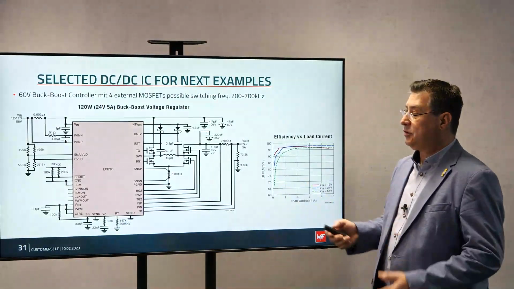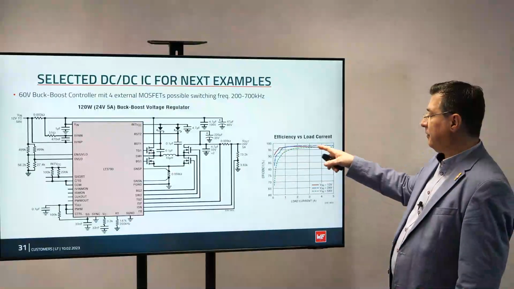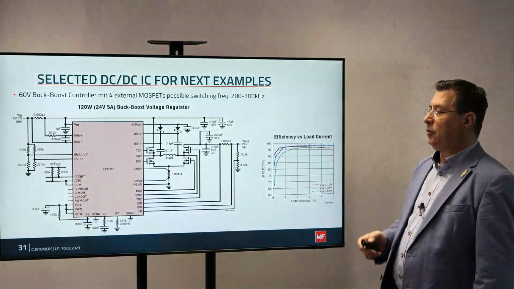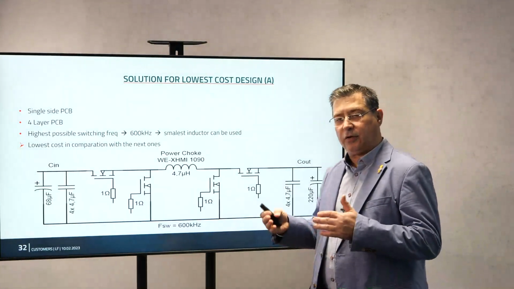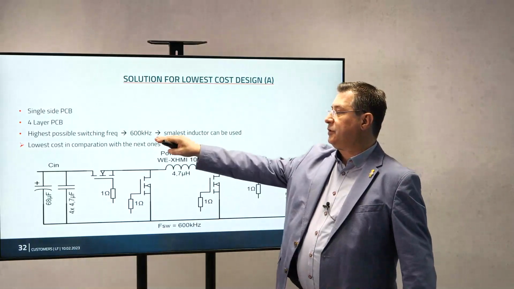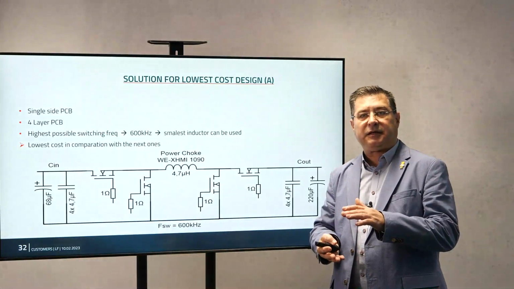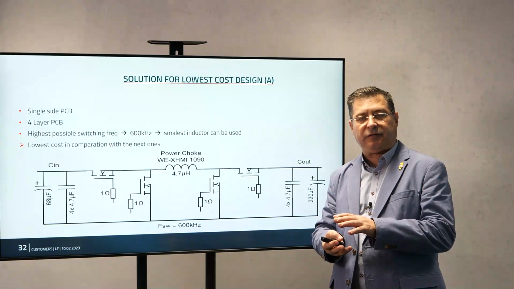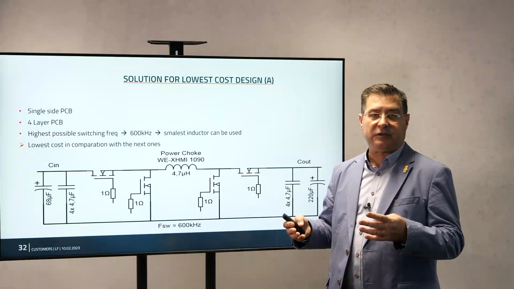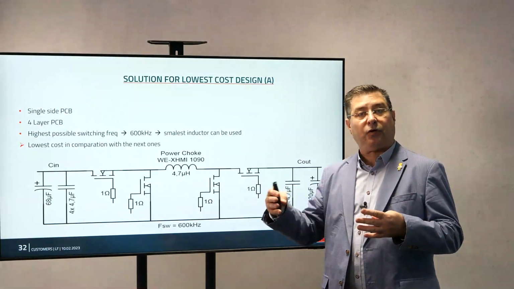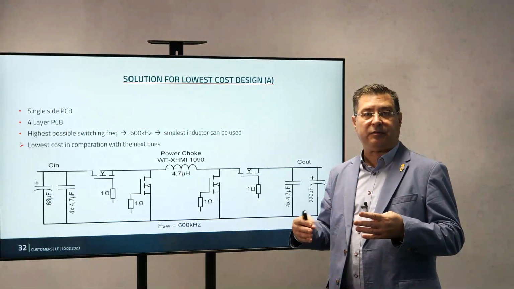He decided to use the LT3790. In the datasheet you can already see the efficiency is very good. He went with this analog chip and for the first, low-cost design decided to use the higher switching frequency, 600 kilohertz, because it needs less inductance and less capacitance, and using only a 4-layer PCB, not because of the DC-DC converter, but because he also has a logic board with a QFN package and will need a 4-layer PCB anyway.